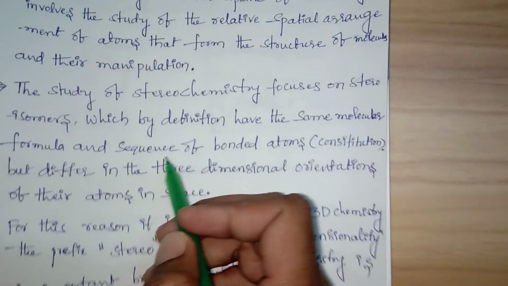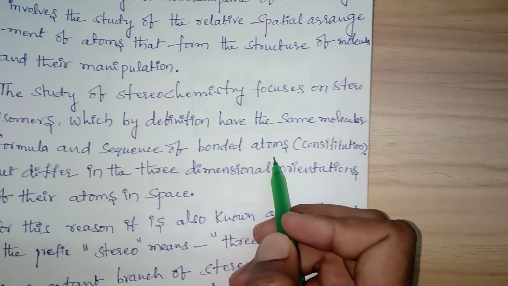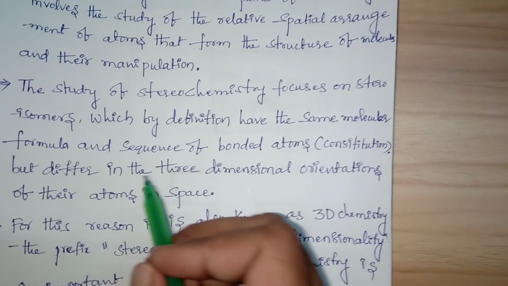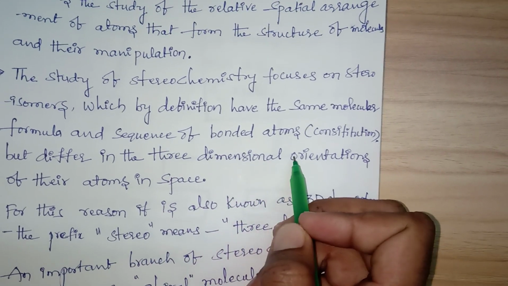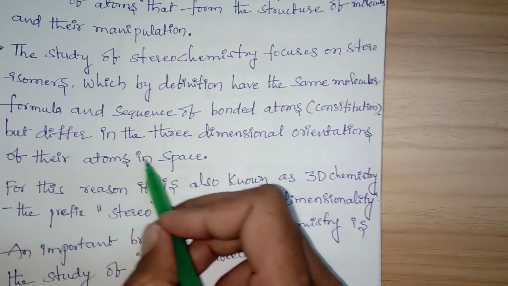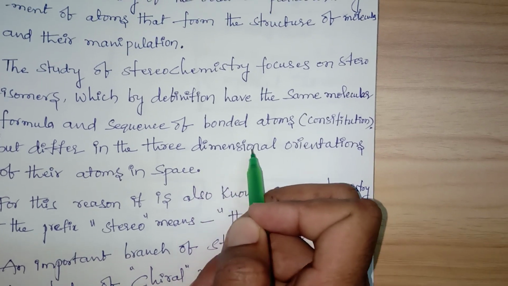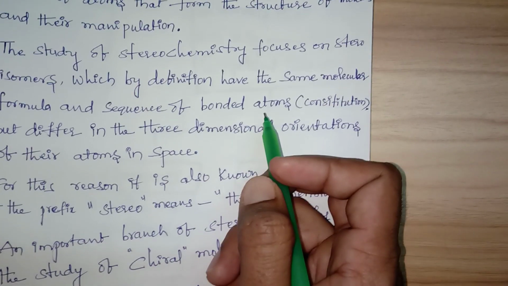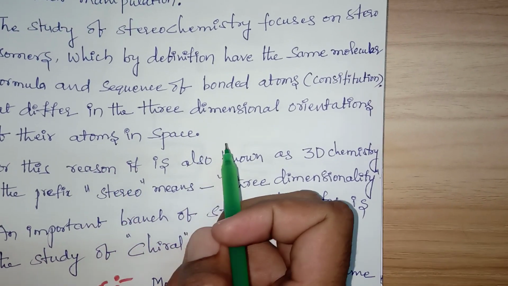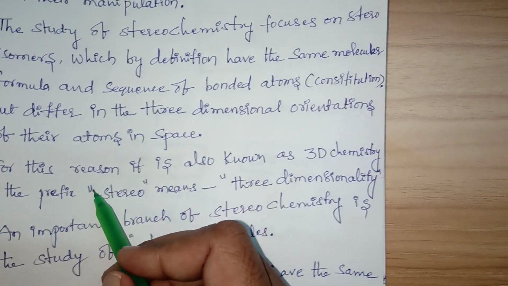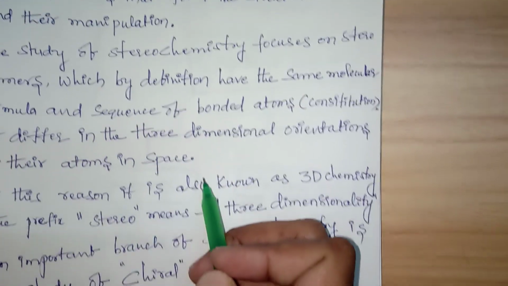The study of stereochemistry focuses on stereoisomers, which by definition have the same molecular formula and sequence of bonded atoms, constitutions, but differ in the three-dimensional orientation of the atoms in space.